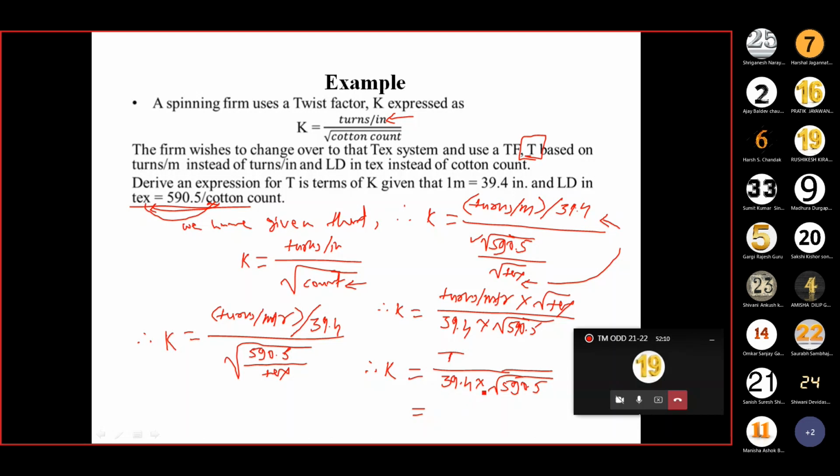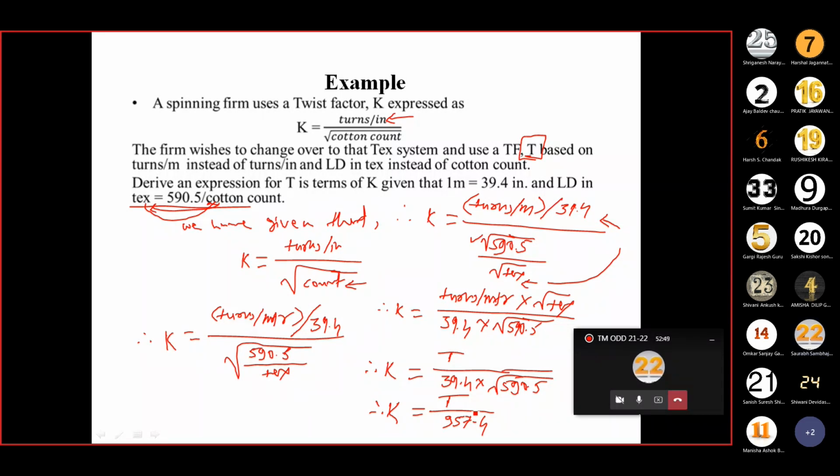Do it fast, calculate this. 957.4. Everyone got the same answer? Yes, sir. Let me check.